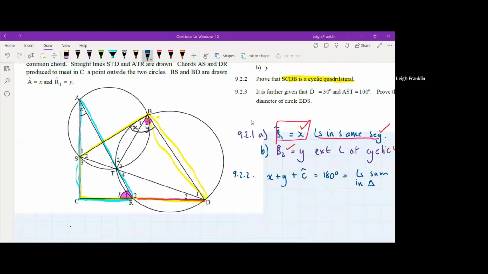Yes, perfect, lovely, well done. So what this means is that C is going to be equal to 180 minus X minus Y.